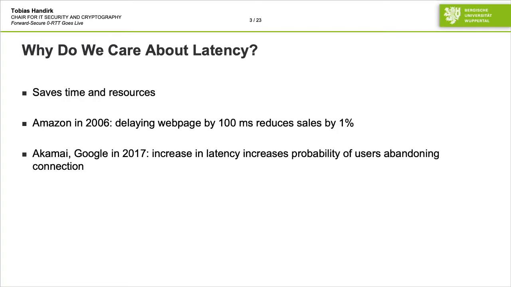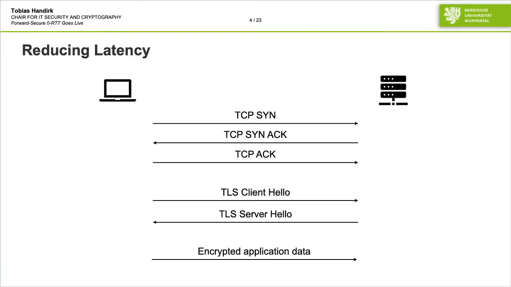So now, of course, the natural question is, can the latency be improved even further? So we had the two phases to establish the secure channel. First, the establishment of a reliable channel with the TCP three-way handshake, and then the key exchange with, in this case, TLS. And in both phases, it is possible to reduce the number of round-trip times.